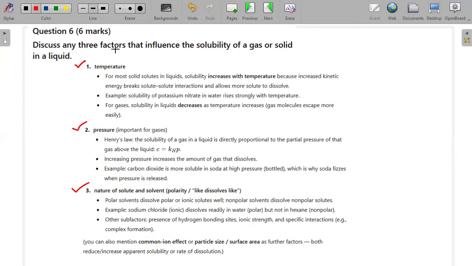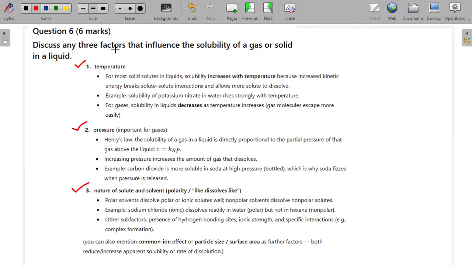So for most solids in liquids, solubility increases with the temperature. Why? Because as the temperature increases, the kinetic energy of the particles increases, and they tend to break the solute to solute interactions, allowing the solute to dissolve more.